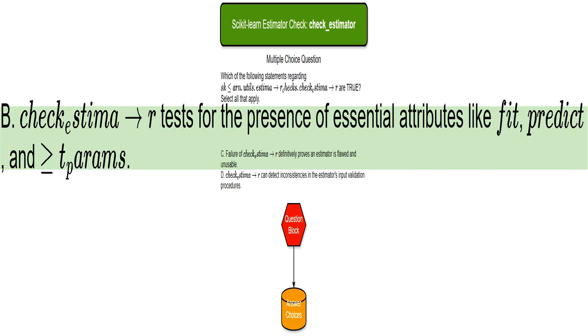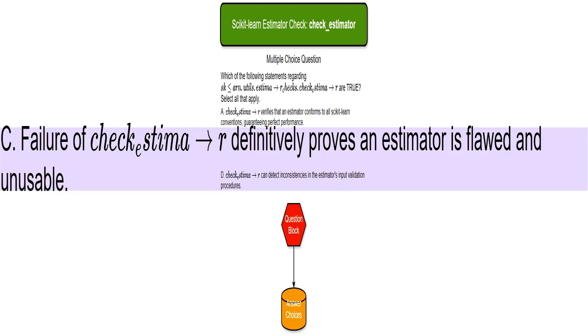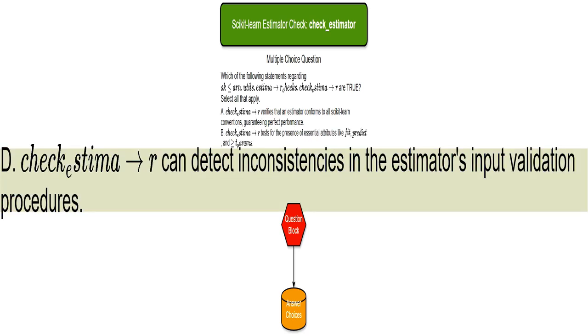We will evaluate this assertion. This option claims that _check_estimator failure definitively shows the estimator is flawed and useless. This is another claim that requires analysis. This option states that _check_estimator can find issues in how the estimator handles input data. This is the last statement for us to analyze.